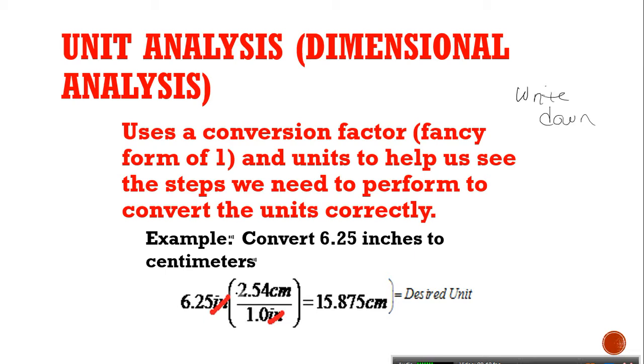And 2.54 centimeters is equal to 1.0 inches. So this is just a really fancy form of 1. Right here, this is just 1. So I'm taking 6.25 times 1, essentially. But what I'm going to do is 6.25 times 2.54, and that's going to give me my answer. And notice how my inches disappear. We'll look at how that actually happens in a moment.